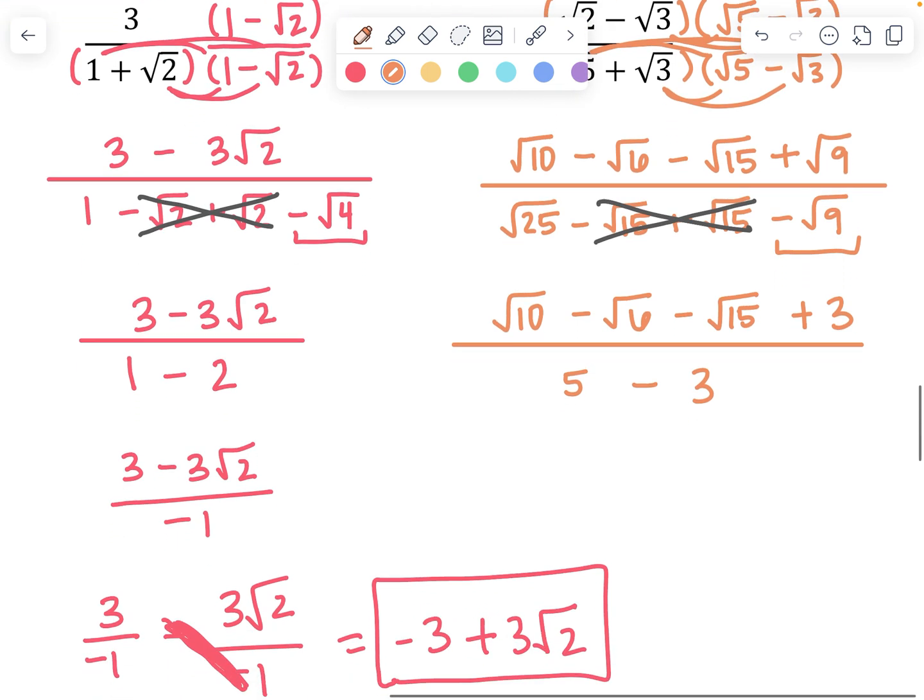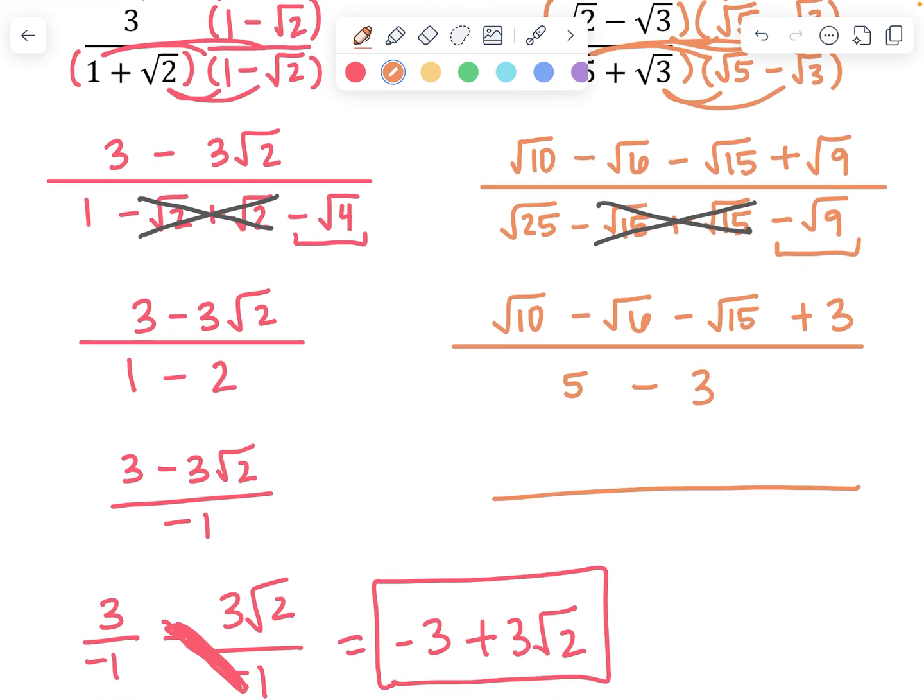And 5 minus 3 is 2. So the numerator is kind of long and not super pretty looking, but on the bottom, we do get down to a nice pretty whole number with no more radicals, no more square roots.